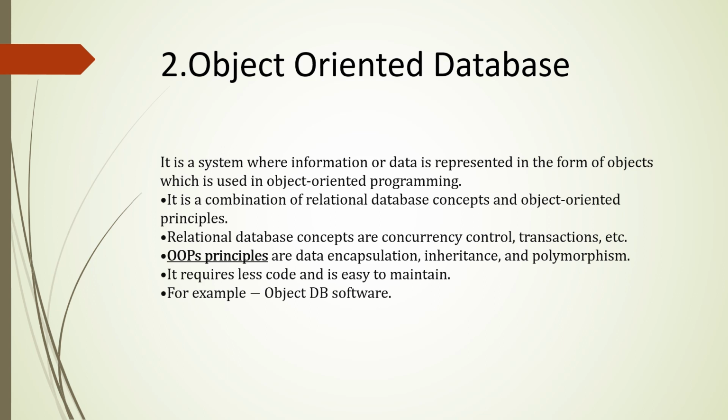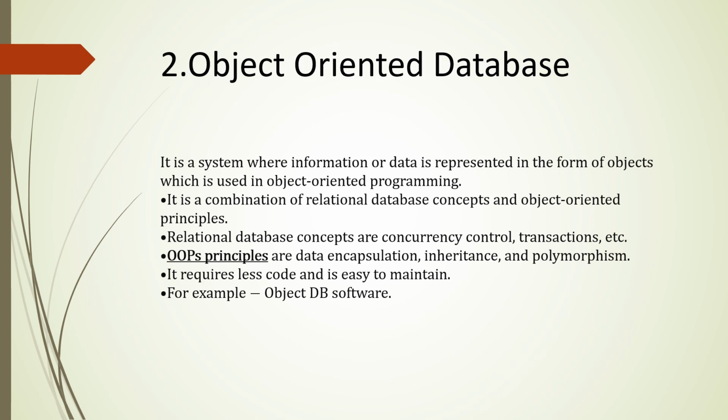The relational concepts include concurrency control, transactions, etc., while the object oriented principles include data encapsulation, inheritance and polymorphism. You have already learned these three concepts in object oriented programming languages.